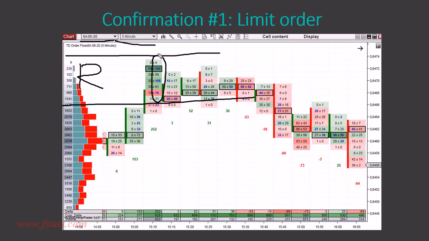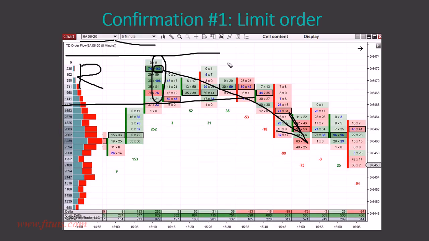You want to see a big number, unusually big number, on the ask side. This is the number, this is the unusually big number. As soon as this appears, those 160 contracts, you go short. That's your confirmation. This is most likely a selling limit order of somebody big.